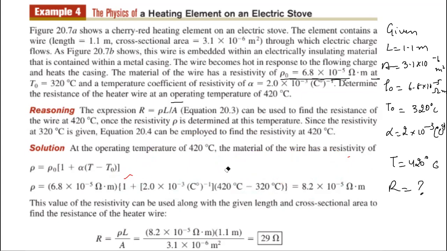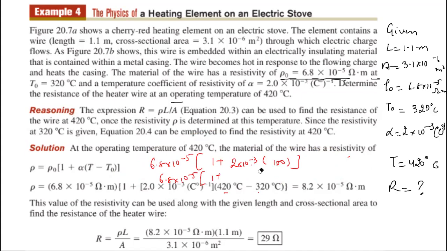Okay, so first you can simplify over here. So I will write 6.8 into 10 to the power minus 5 outside, 1 plus 2 into 10 to the power minus 3 I have, 420 minus 320 gives me 100, right? And again I can simplify a little bit, 1 plus 2 into 10 to the power minus 3 times 10 to the power 2.